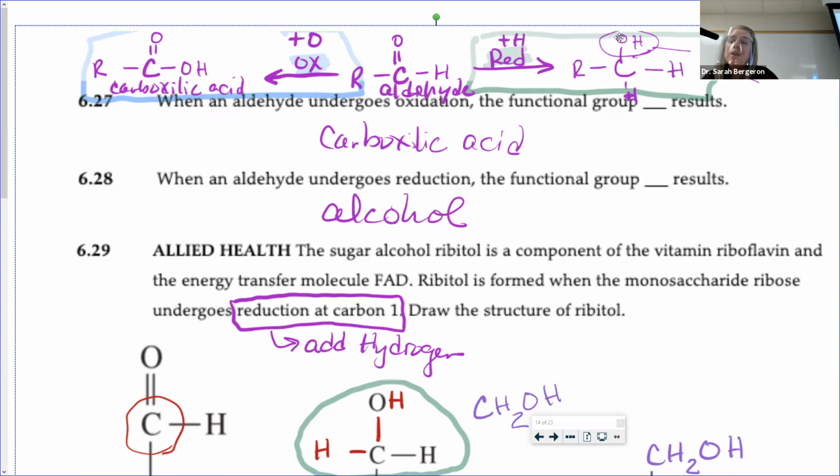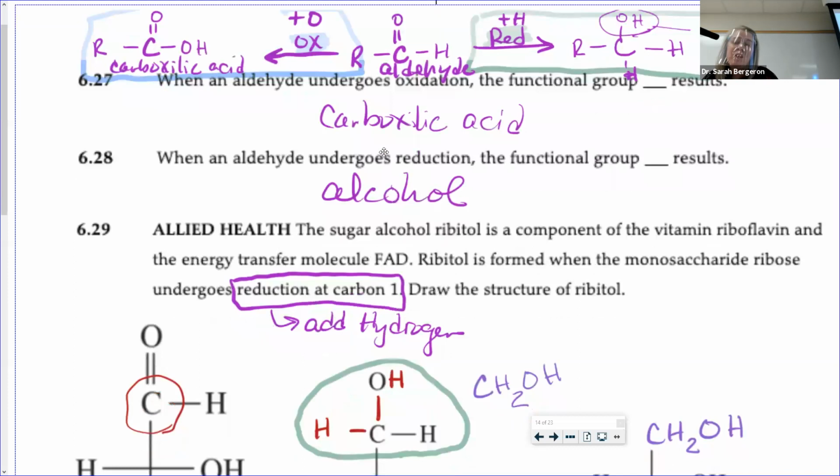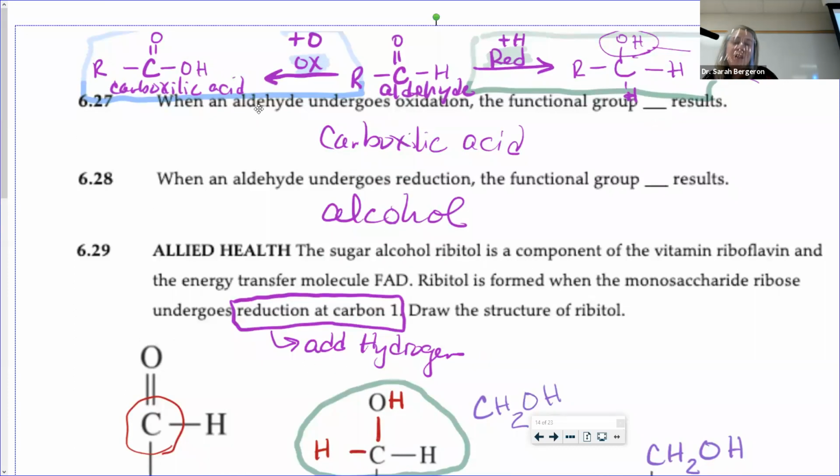And so you end up with a single bond to the oxygen and a hydrogen. So you do end up also making an alcohol here. So this is a carboxylic acid. This is an alcohol. If you remember what oxidation and reduction are, you don't have to memorize this. You just kind of have to keep track, right? So when an aldehyde undergoes oxidation, you're going to get a carboxylic acid. If the aldehyde undergoes reduction and we go the other way, we're going to make an alcohol, right?